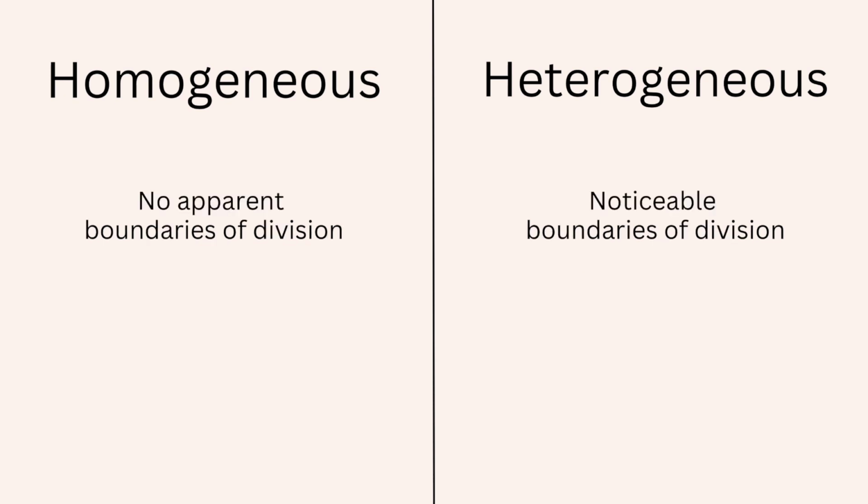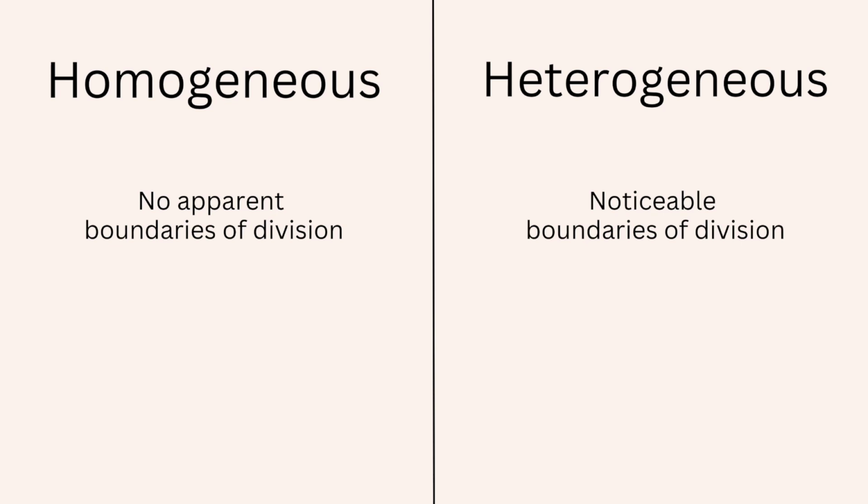The third difference is that you have no apparent boundaries of division in a homogeneous mixture. In salt water, you will not be able to draw a boundary or divide between the salt and the water particles. That is what they mean by no apparent boundaries of division.